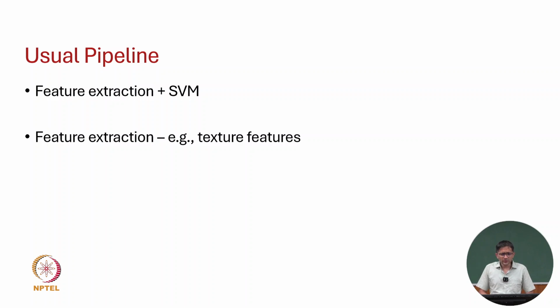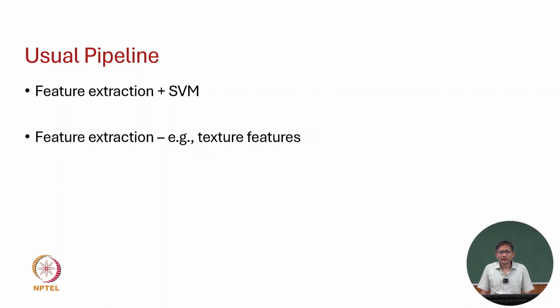However, most of the time we will use some kind of feature extraction, and one of the popular ones would be texture features. And there are different mechanisms there also. One popular way is Haralick's texture feature. If you are curious, you can read about these mechanisms.